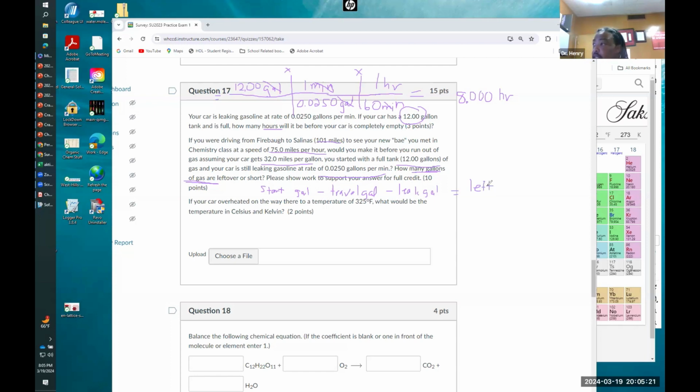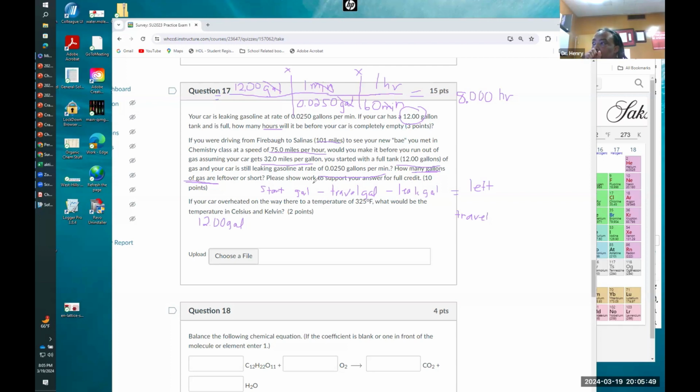Okay, so let's start off with our starting gallons. How many gallons are we starting off with? We're starting with 12.00 gallons. So how would I calculate my travel gallons? What are some of the things I can use?